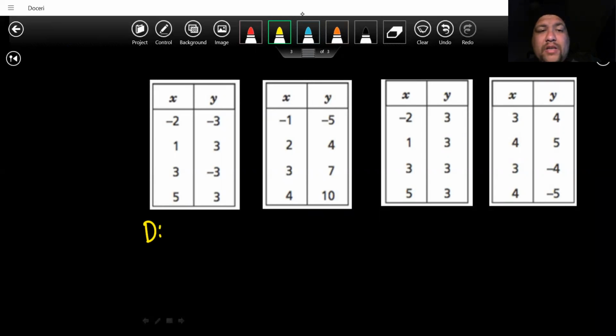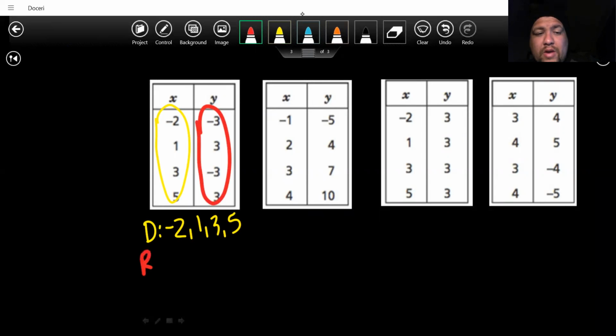In this case, my x values are in order. So I'm just going to write -2, 1, 3, 5. My range values for my outputs will be represented by my y's. Range will be -3, 3, -3, and 3.